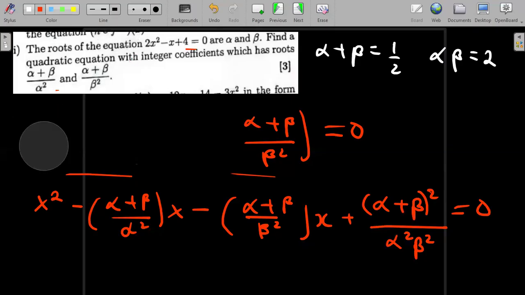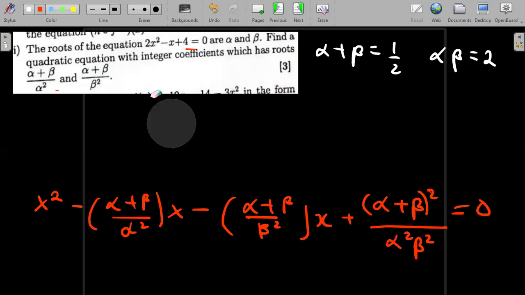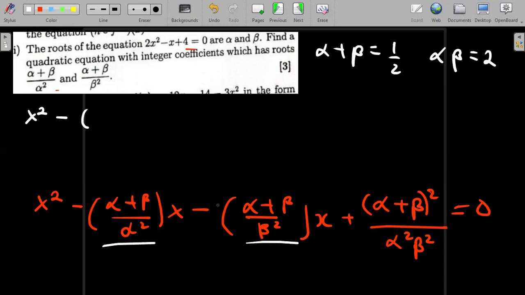So from here, I continue. When I work out this, or when I clean it up, I'm going to have x squared minus, so if you can see this part and this part, they have a negative in common first of all. Then alpha plus beta is also common.